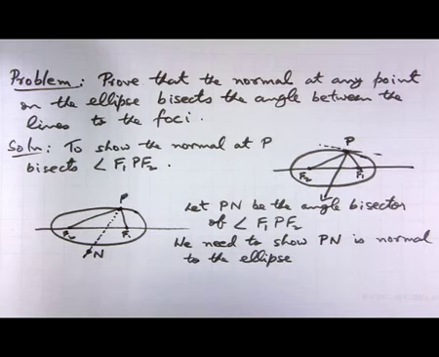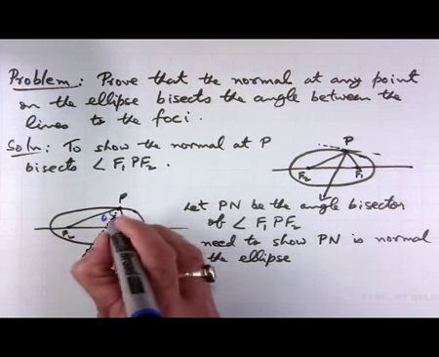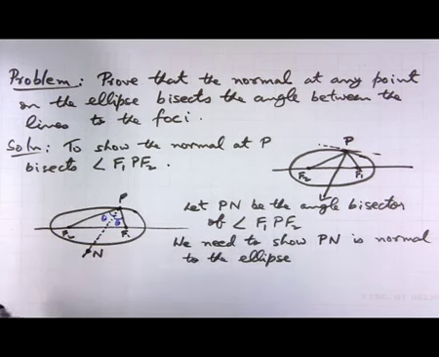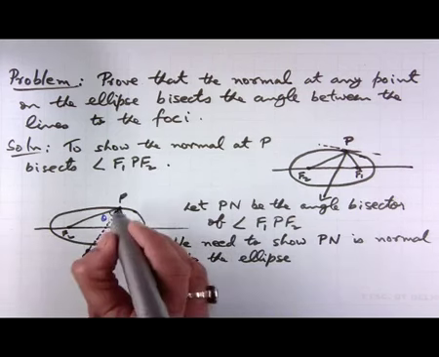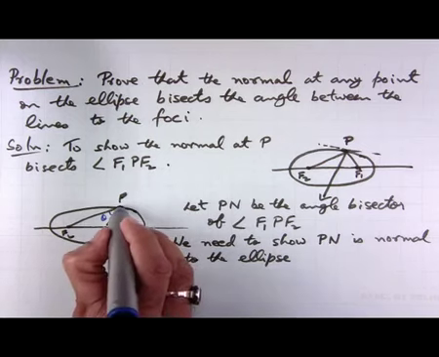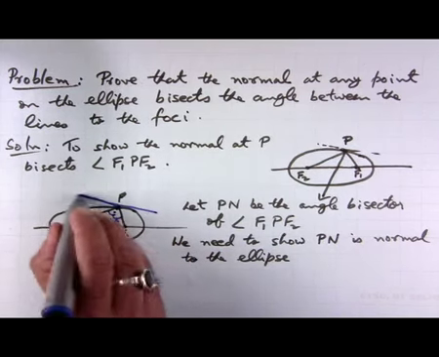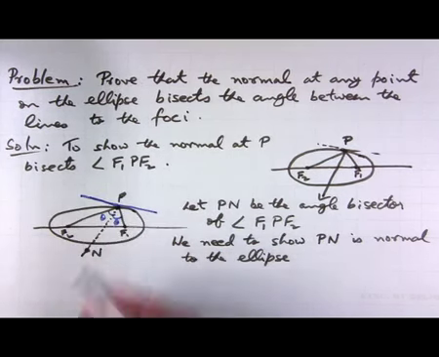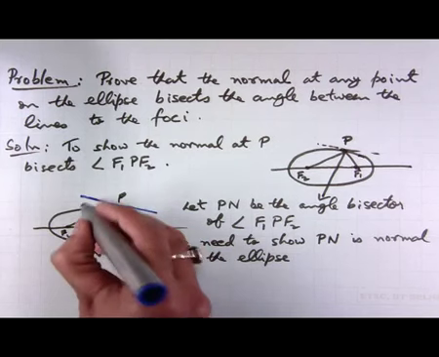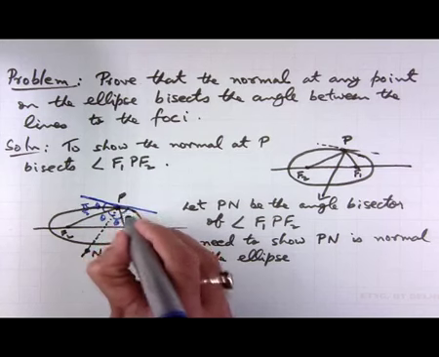Since we have taken this angle bisector, let us call these angles theta. Now, let us look at the line which is perpendicular to this P N. Then this angle is pi by 2 minus theta, this is also pi by 2 minus theta.